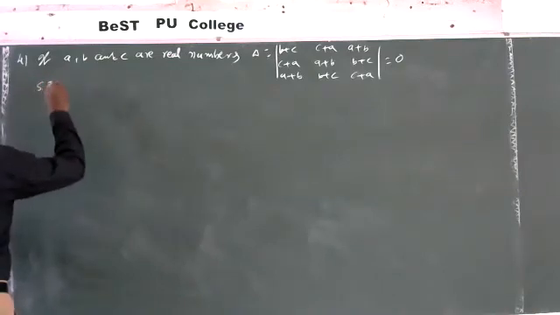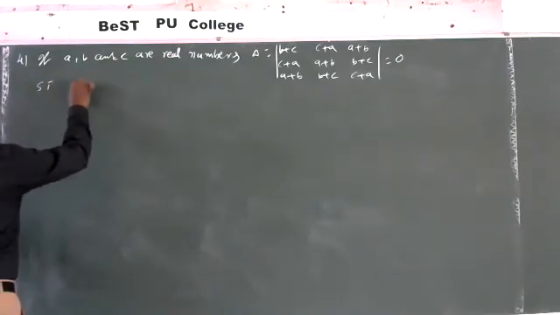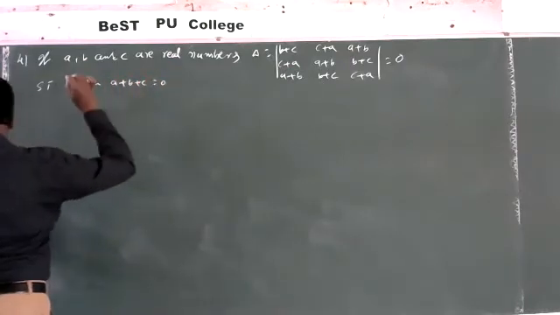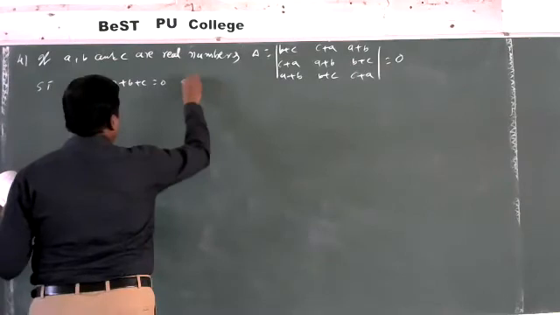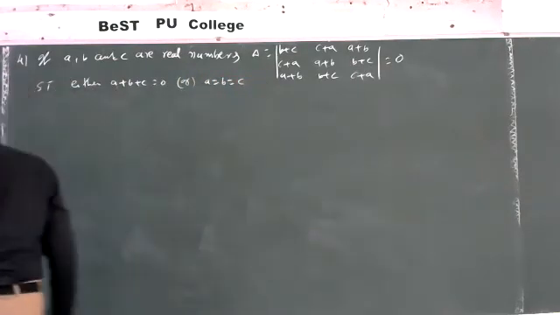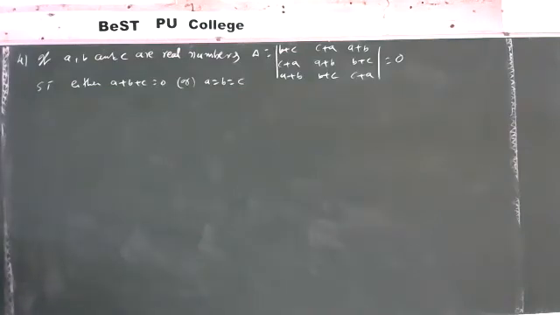either a plus b plus c equal to 0 or a equal to b equal to c.